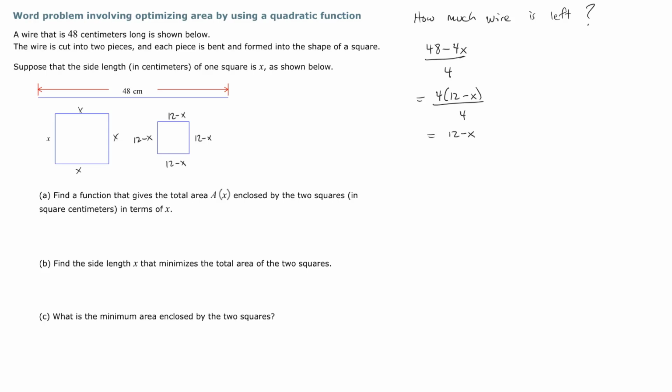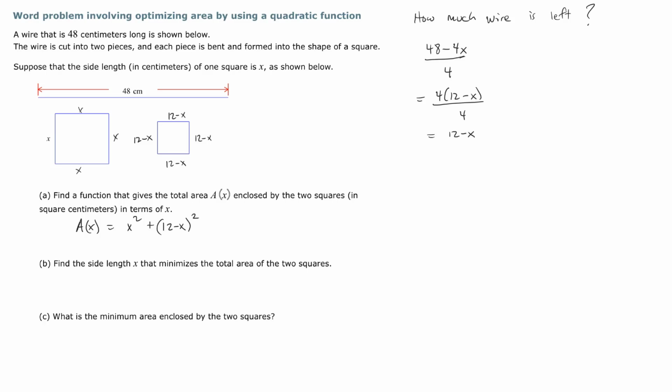Find a function that gives the total area, A of x, enclosed by the two squares in terms of x. A of x, then, would be the sum of the two areas. That would simply be x squared plus the quantity 12 minus x squared.